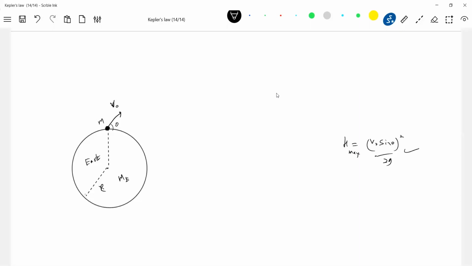First of all, how is the path? Yes, the path of this stone will go like this, not the exact shape. And this is that maximum height.